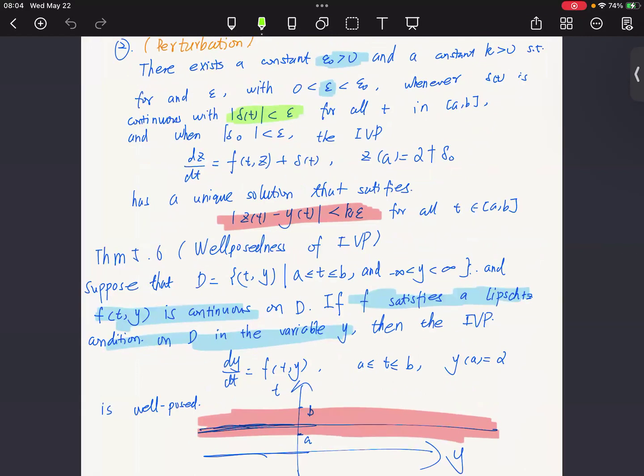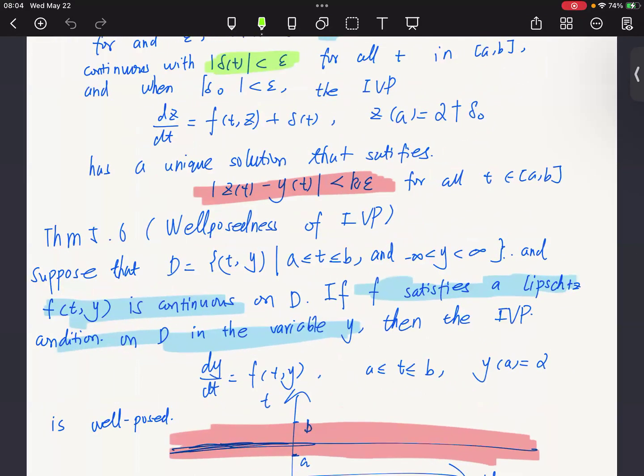That is, we assume that the function f is continuous, which means that it's continuous on the t variable, continuous on the y variable, and the f function is also continuous on the domain D. This is a subset in the two-dimensional space, and this function is Lipschitz continuous in the variable y.